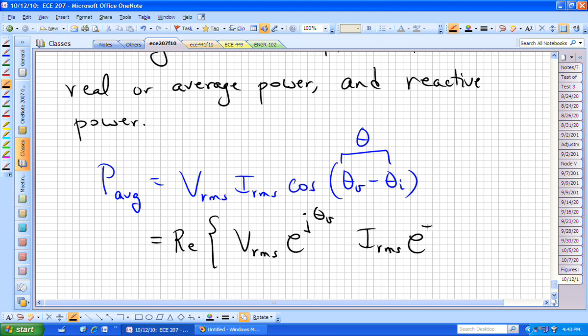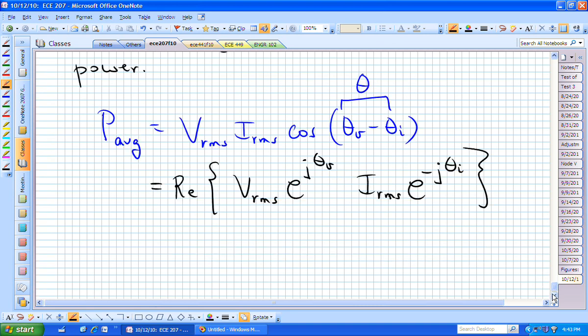I now need minus j theta sub I. If I looked at this, I could call this complex number VRMS.